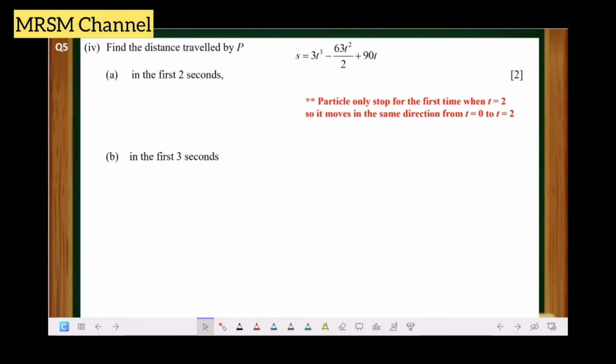Okay, so sebelum dia stop, dia akan ikut move in the same direction sampai dia stop. Okay, so sekarang kita nak cari sampai 2. So dia daripada T0 sampai T2 tu, so kita just cari S when T is equal to 2 je lah. Okay, sebab kita tahu T0 dia duduk dekat 0.